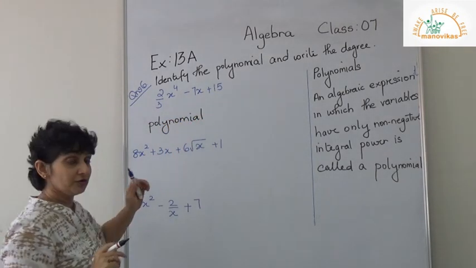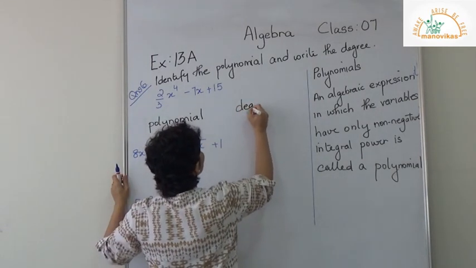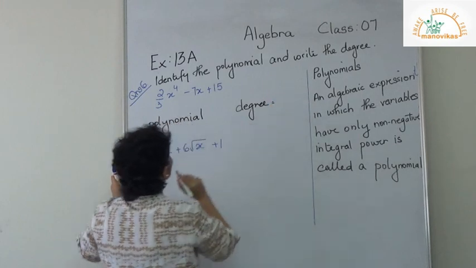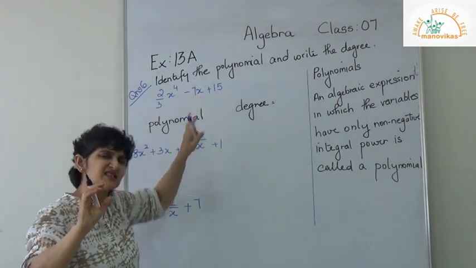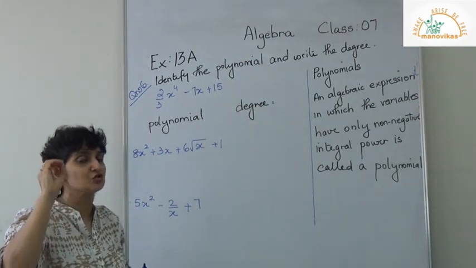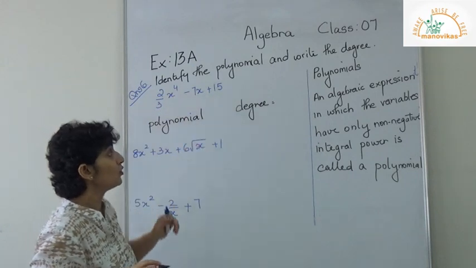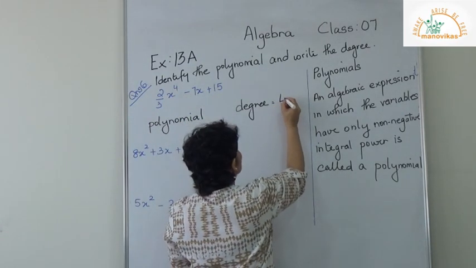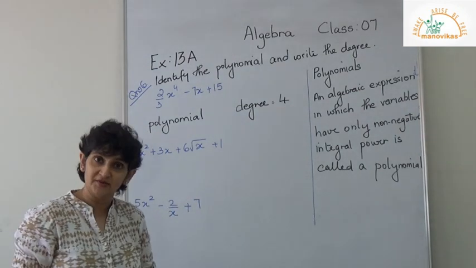This is a polynomial. And you say the degree here, we take the highest degree. Now this is x to the power 4. When there's nothing and you just have x, it means x to the power 1 or just 1. So x to the power 4. So your degree is 4 here. So this is a polynomial.